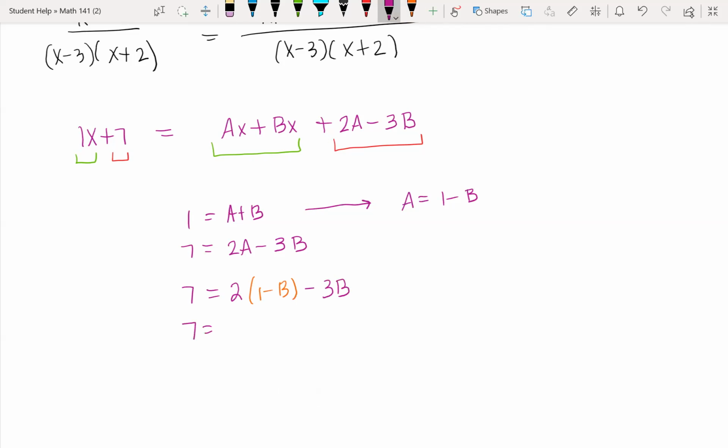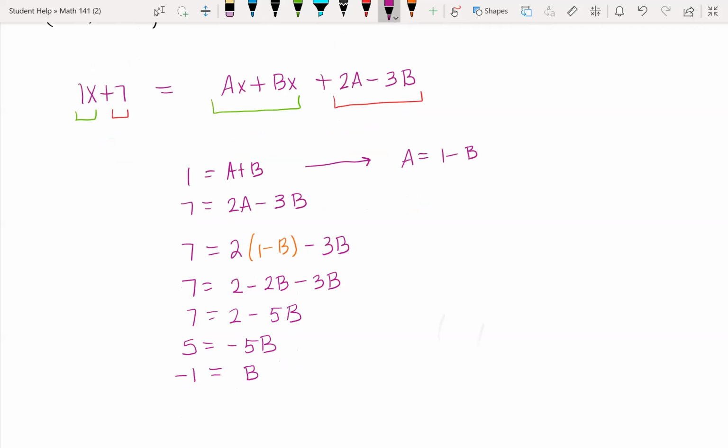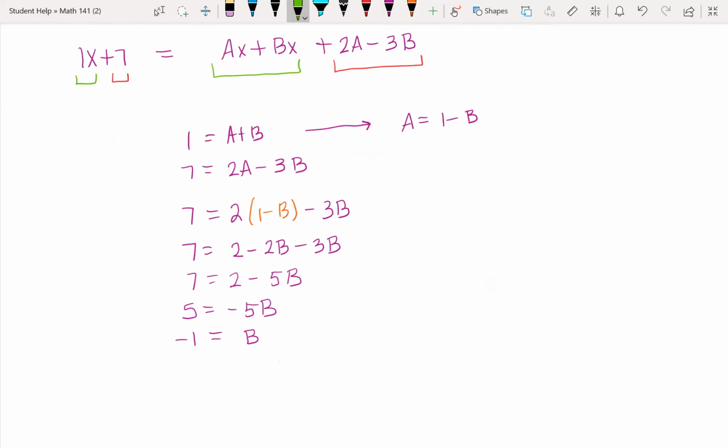Or 7 equals 2 minus 2b minus 3b. 7 equals 2 minus 5b. I'm getting that b is equal to -1. And so then if I take that and plug it back in here, -1 in here, I'm going to get that a is equal to 2.